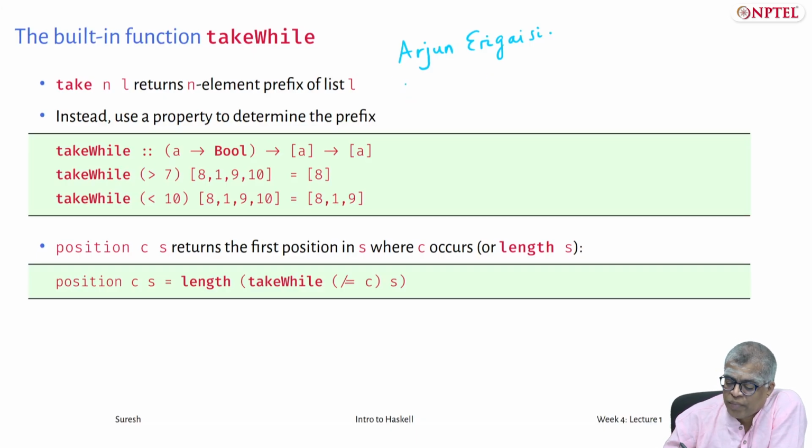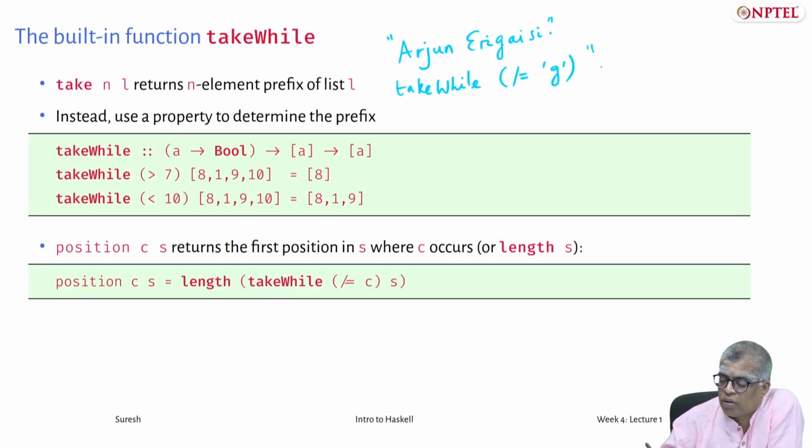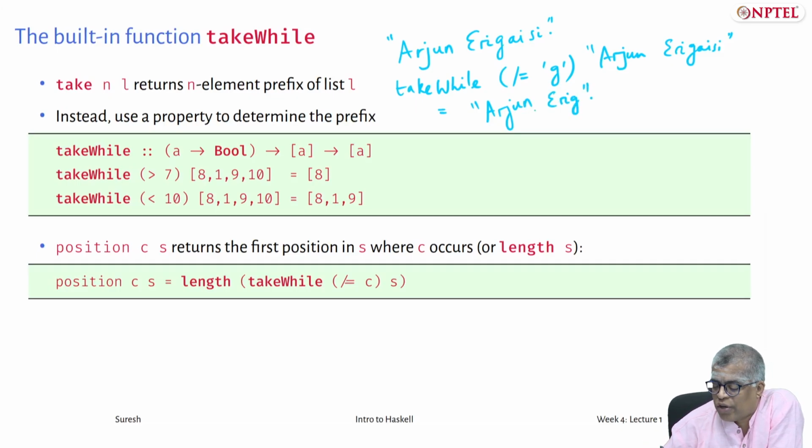So what is take while not equal to G of this? This is nothing but Arjun, space, ERI. What is its length? 5 here plus 5, so 10.